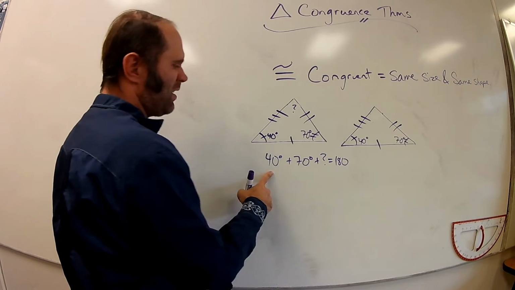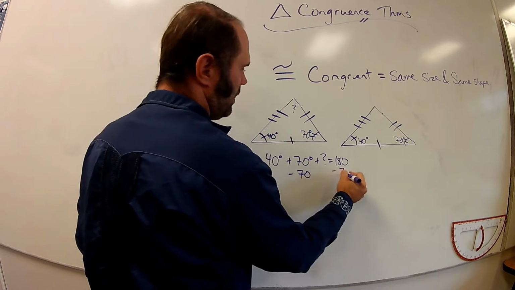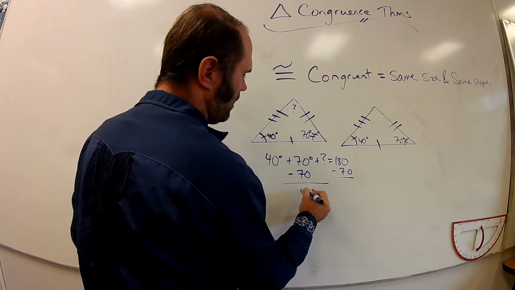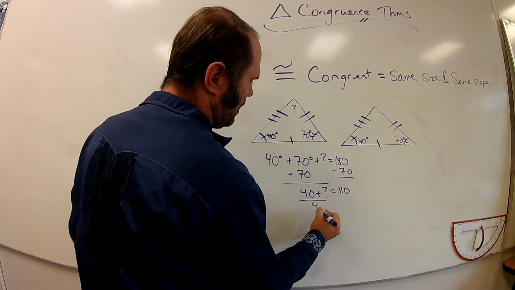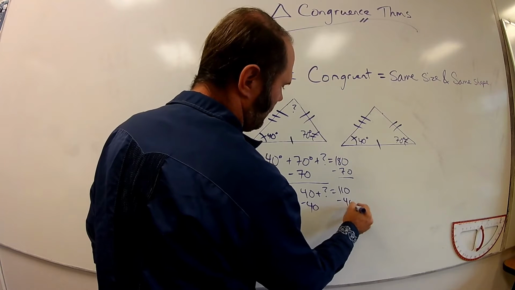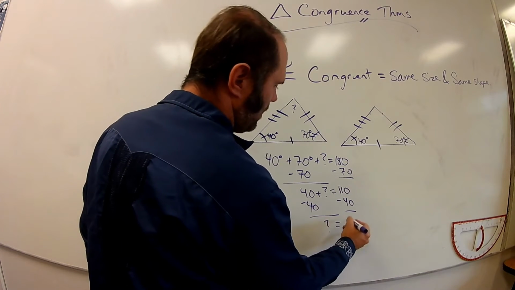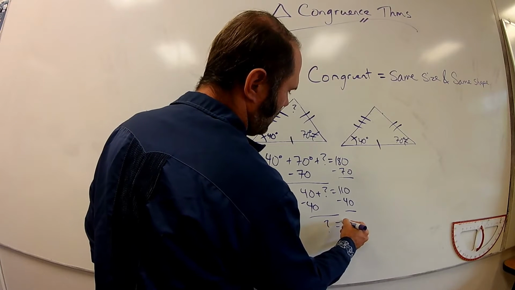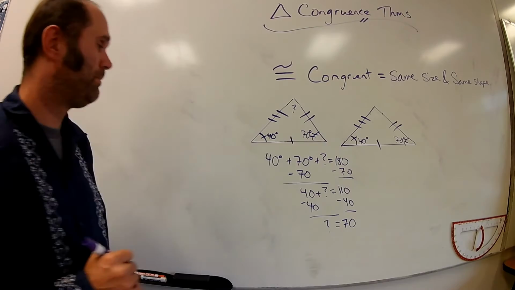So if we subtract 70 and 40 from 180, not divide, subtract, we get 70.